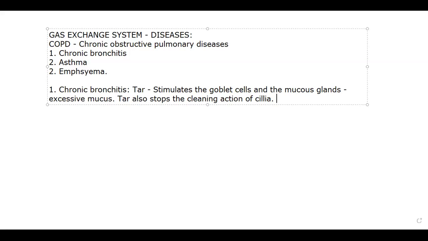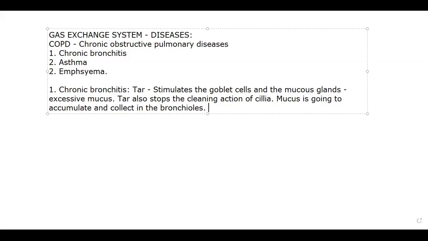So what is going to happen? Mucus is going to accumulate and collect in the bronchioles. To be very honest, in the trachea or the bronchus this won't be that dangerous, because the trachea and bronchus are a bit bigger in size. But what about your bronchioles? Your bronchioles are so small, right?